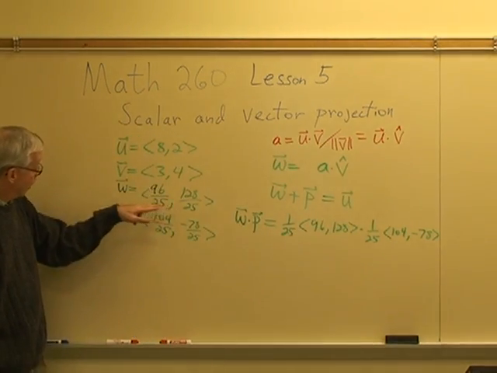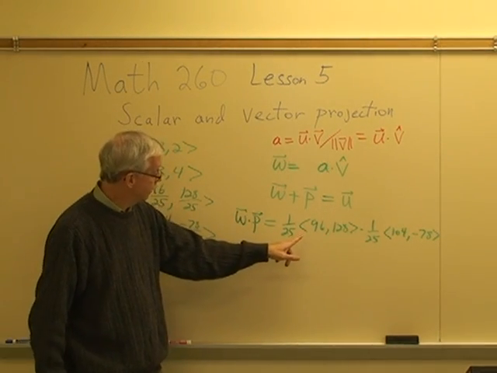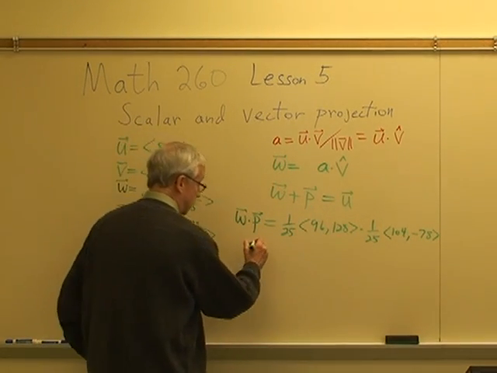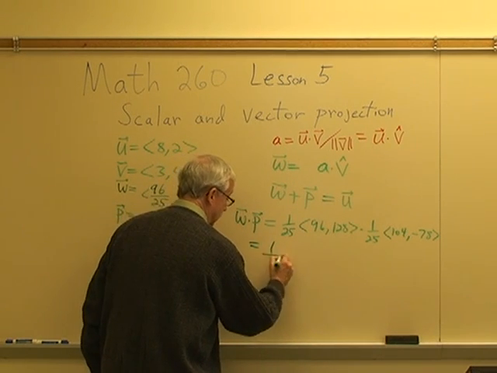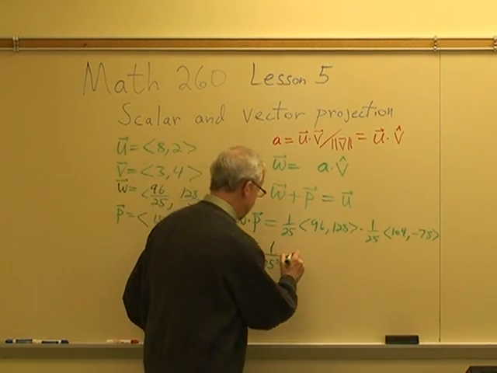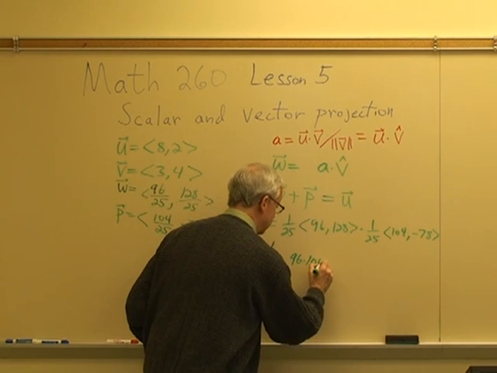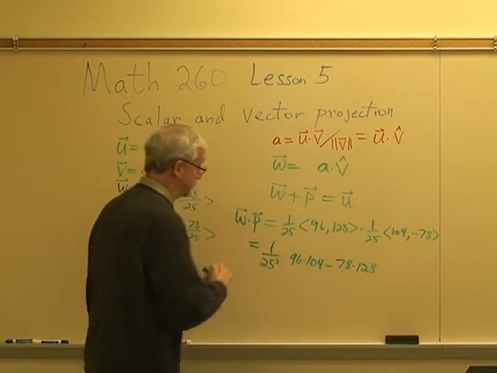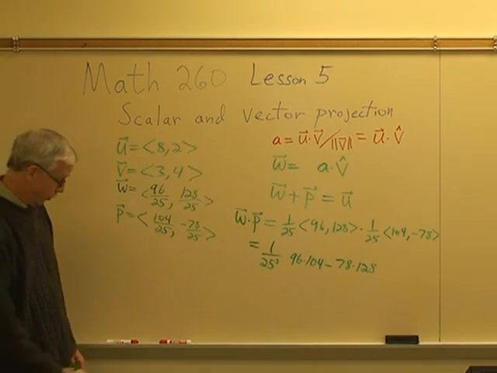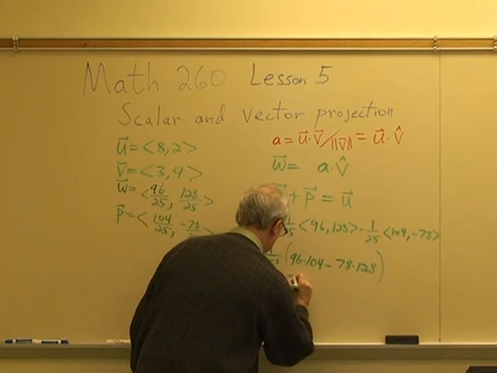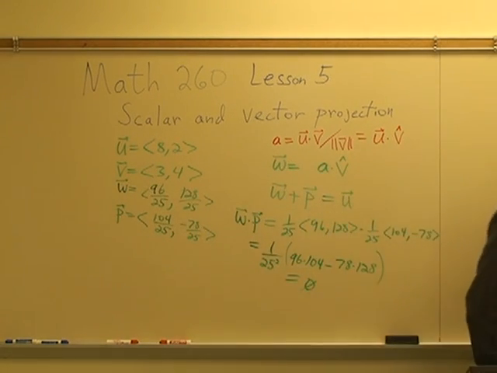That is, I'm going to take out the 1/25, and so I really have the dot product of 96, 128 with 104, minus 78, with a 1/25 squared, or 625. So what is the dot product then of this? It's 96 times 104 minus 78 times 128. And a little work with the calculator should verify that is exactly 0. Proving that they are indeed perpendicular.